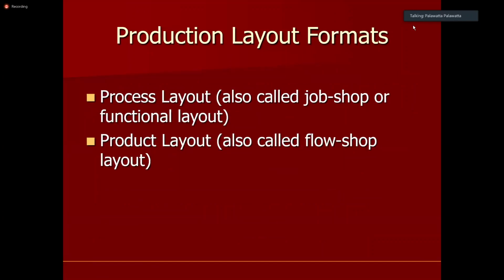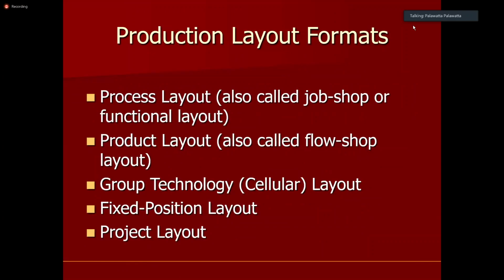And then the production layout formats: we have process layout, also called job shop or functional layout, and then we have product layout, also called flow shop layout. This is arranged according to product layout. The production flow is arranged according to the very way the product is produced, the steps of the production.